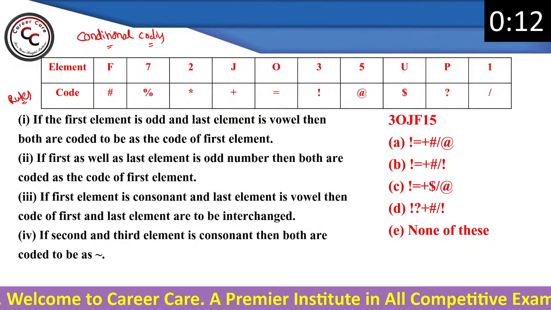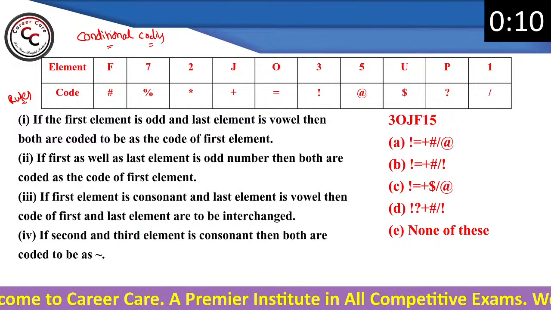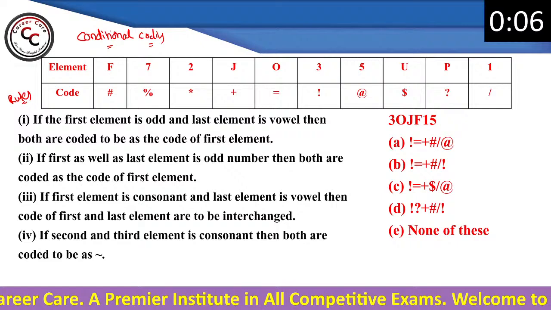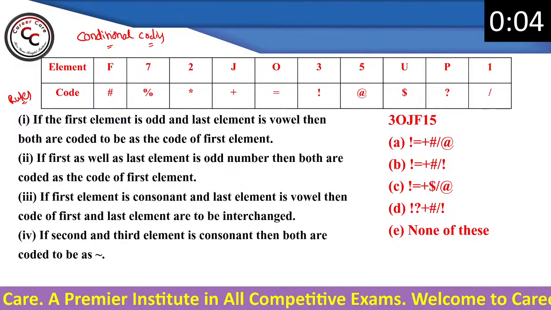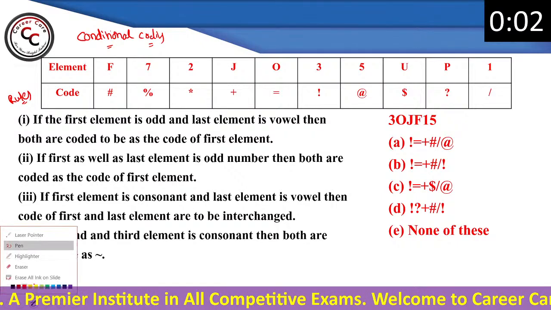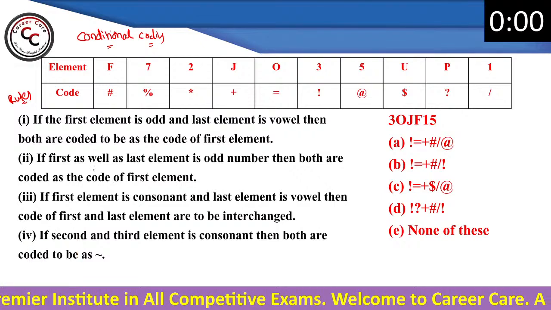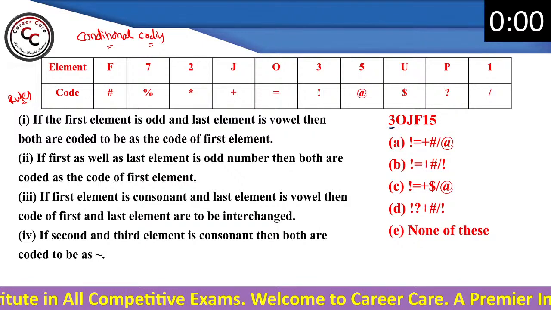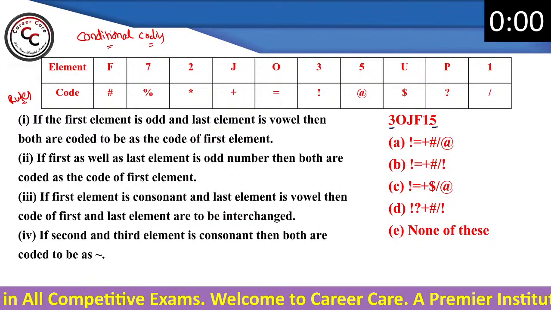So first rule says first element is odd, last element is vowel. Then both are coded as code for first element. Okay. Similarly, if first as well as last is odd number, so I can say 3 is odd number, 5 is also odd number.